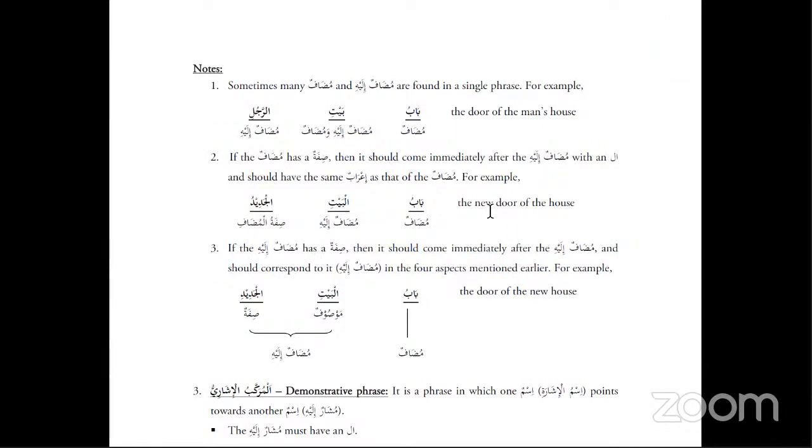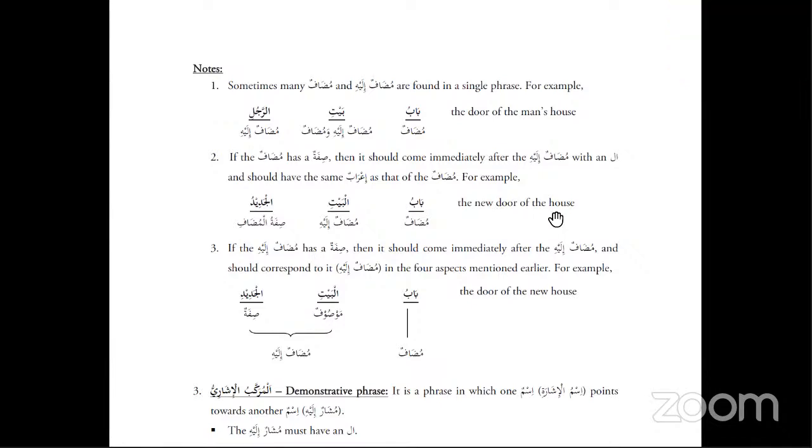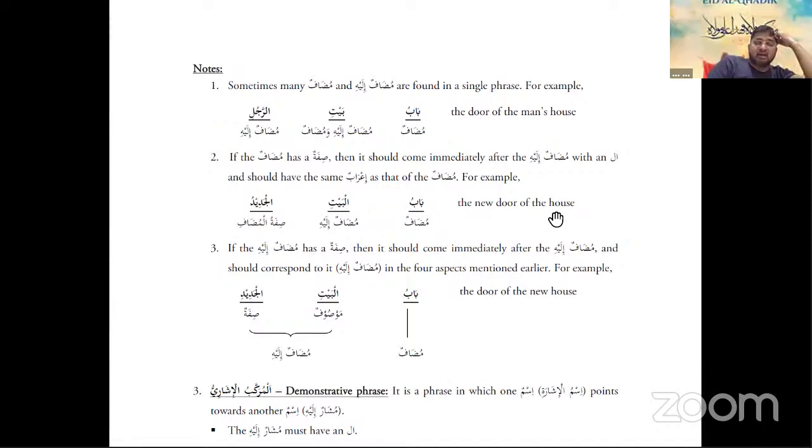Exactly. In the previous one, it was the new door of the house. So it was the door which was new, not the house. Okay, just the dhamma and the kasra is changing it. Exactly. The change of the dhamma and the kasra changes which thing the adjective is for. If it's with a dhamma, it's for the door. If it's with a kasra, it's for the house.